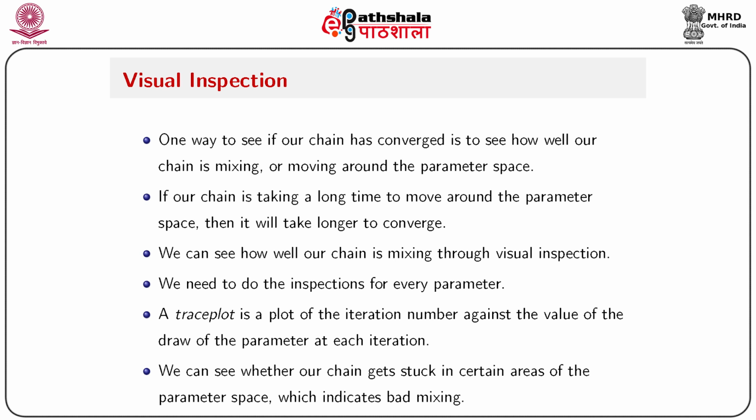We need to do the inspection for every parameter. A trace plot is a plot of iteration number against the value of the draw of the parameter at each iteration. We can see whether our chain gets stuck in certain areas of the parameter space, which indicates bad mixing.